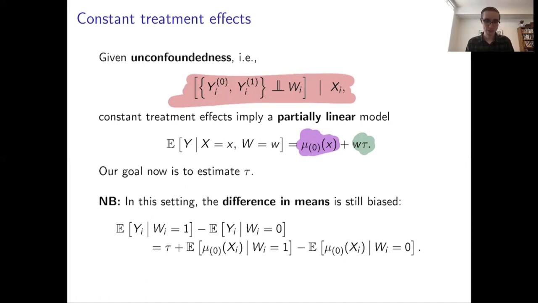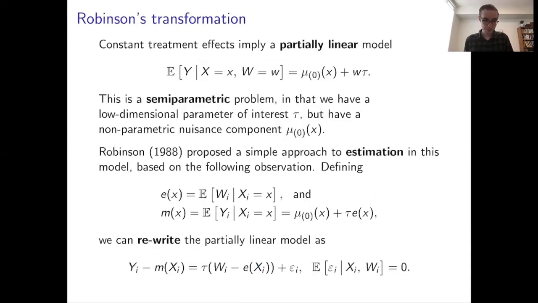But if you do so, what you're going to get is, sure, you're going to get this tau, but then you're also going to get this second bias term here, which is essentially the expected baseline effect among people who were selected into treatment versus the expected baseline effect for people who were selected into control. And if you're not in a randomized trial, this orange thing may not be zero in general. And so being robust to that is why estimating tau is a non-trivial problem. So what are we going to do?